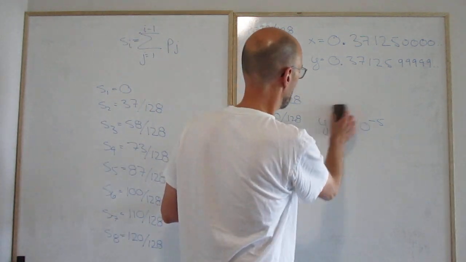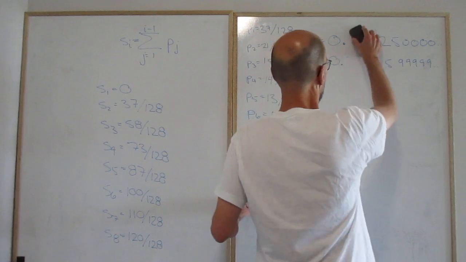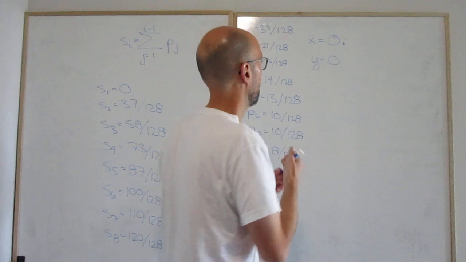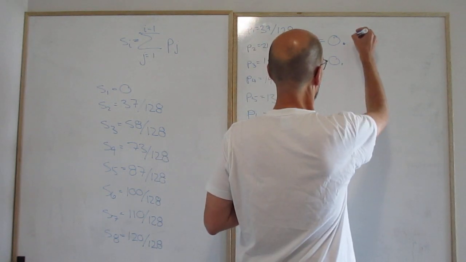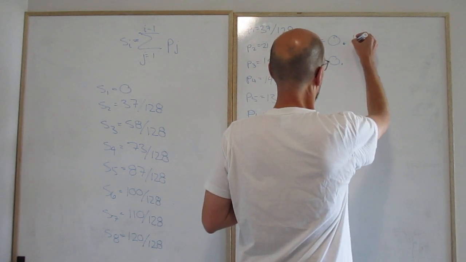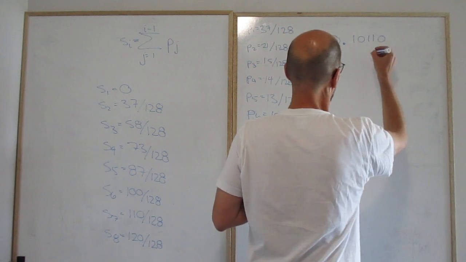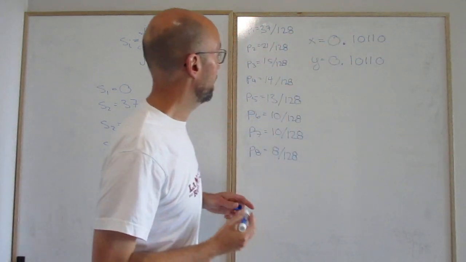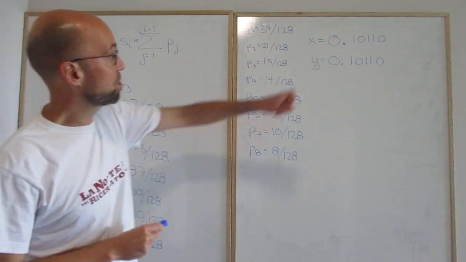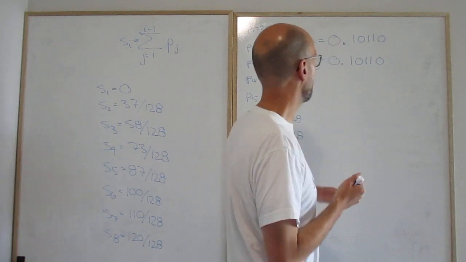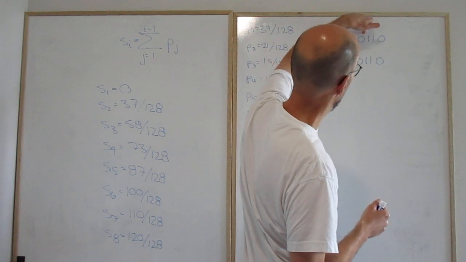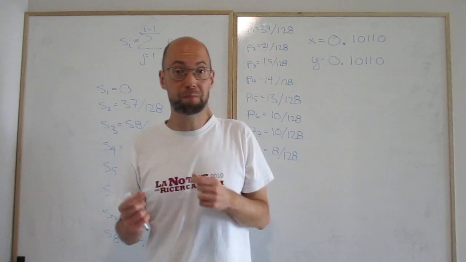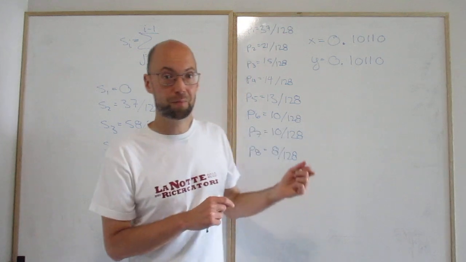this works also in binary. If I tell you that two binary numbers, x is 10110 and y is 10110, and x is smaller than y, then how much can these differ by? Well, now instead of 10 to the minus 5, they can't differ by more than 2 to the minus 5, right?